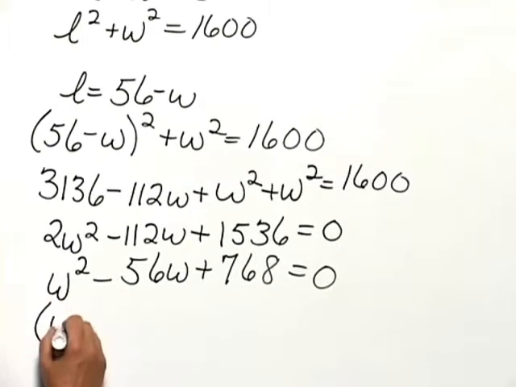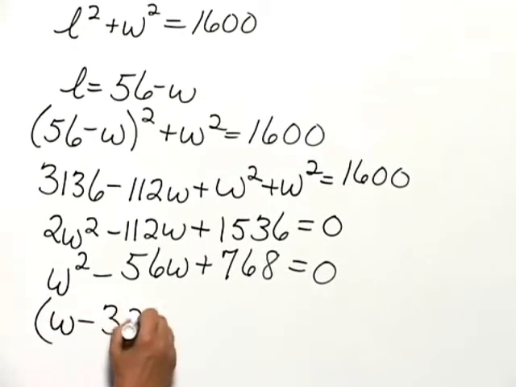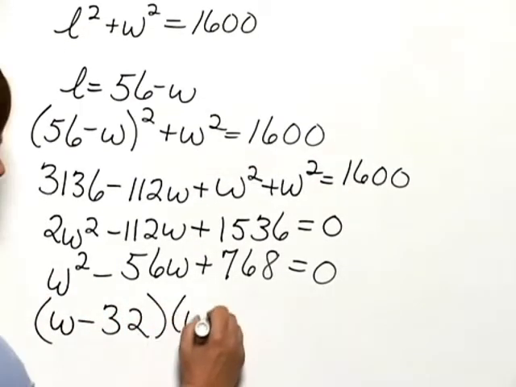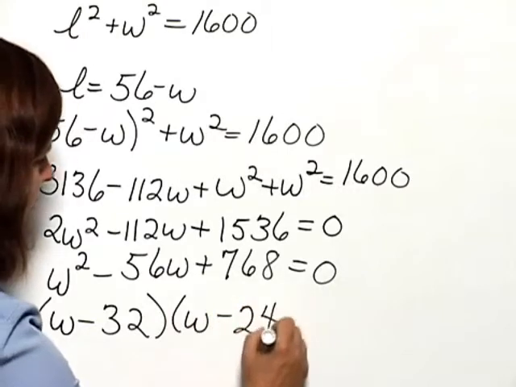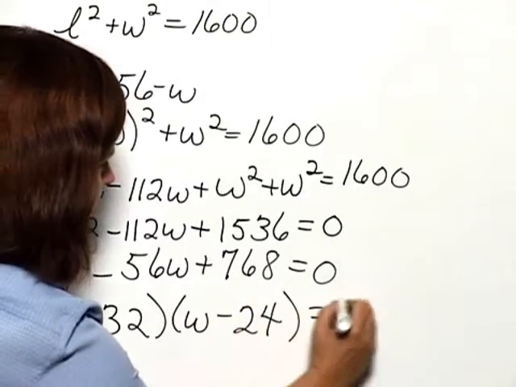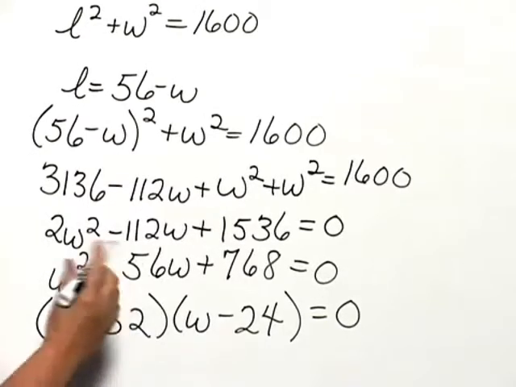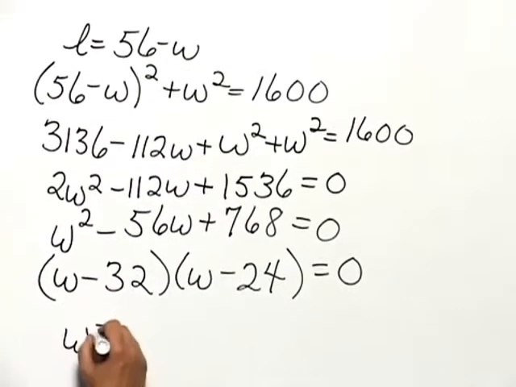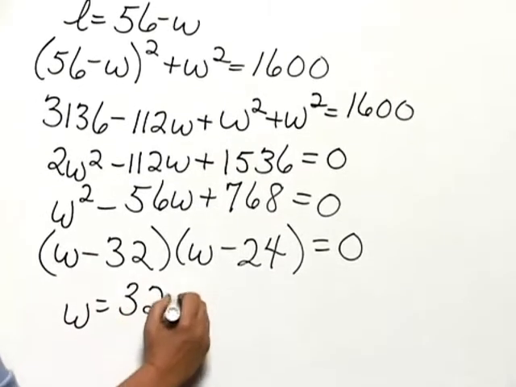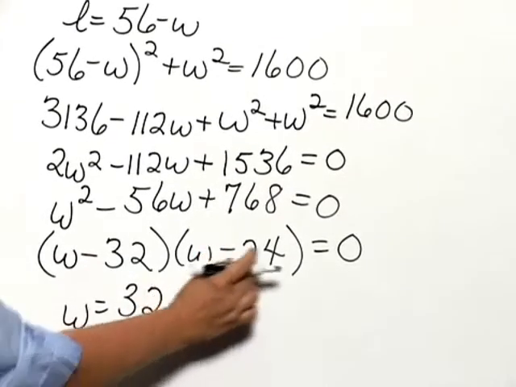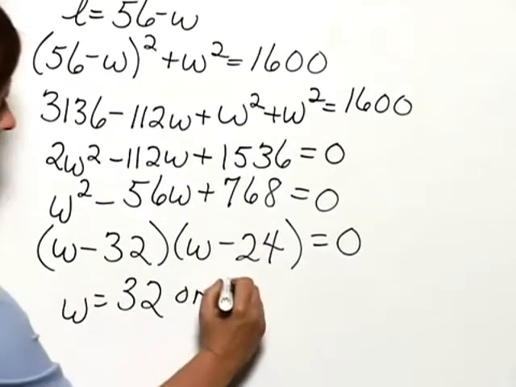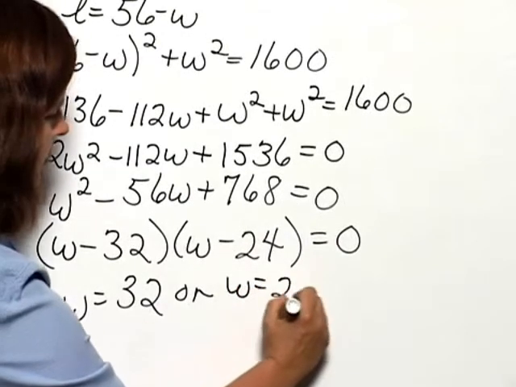It factors into (W minus 32) times (W minus 24), and that equals 0. Now if W minus 32 is 0, we would have W equals 32, or if W minus 24 is 0, we would have W equals 24.